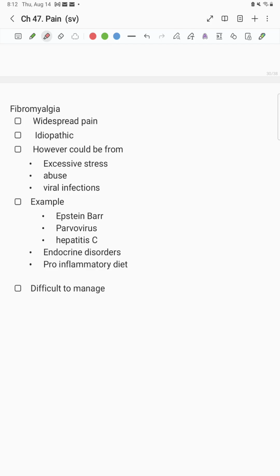An example of those viral infections would be Epstein-Barr virus, parvovirus, hepatitis C. And so the combination, for whatever reason, lingers in the body and stays there, creating what's known as fibromyalgia. Okay, now that's just a theory, or what they think it might be from. Okay, and also throw in there some endocrine disorders and pro-inflammatory diets that can contribute to the fibromyalgia pain.